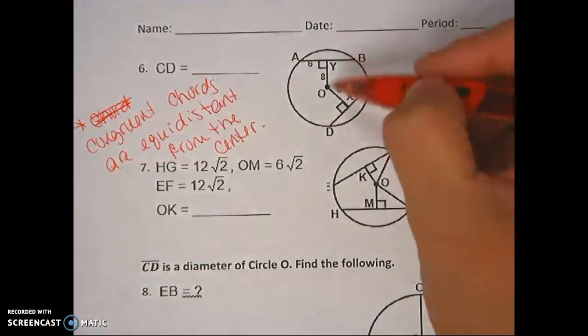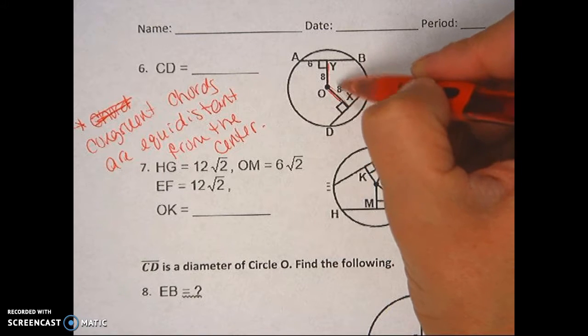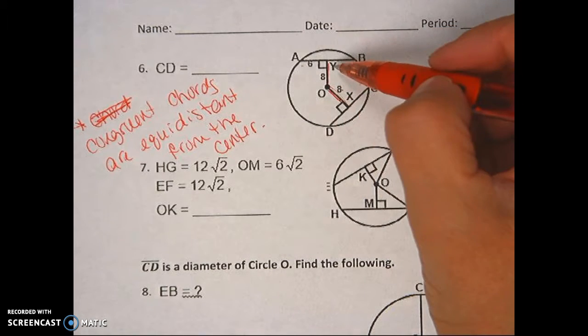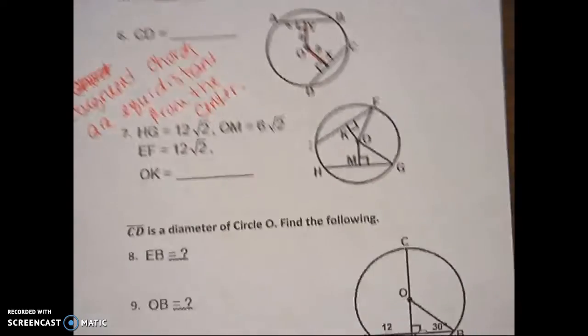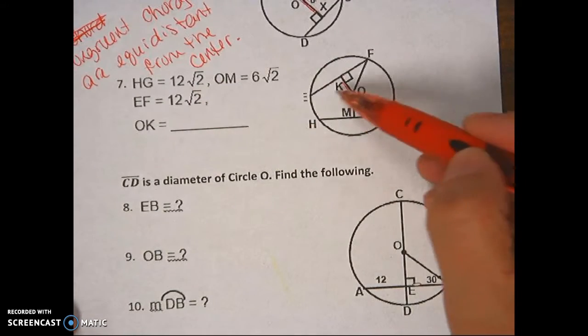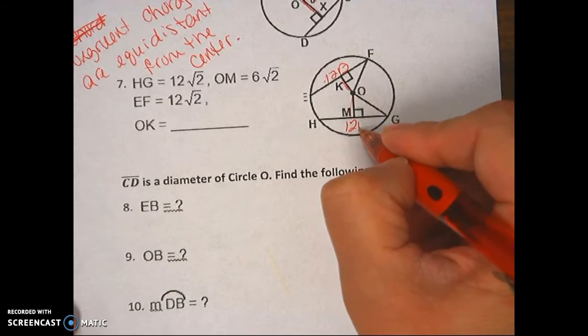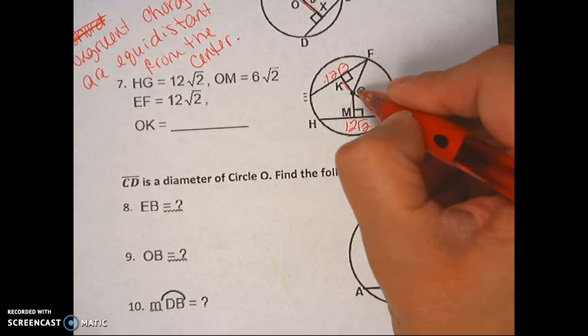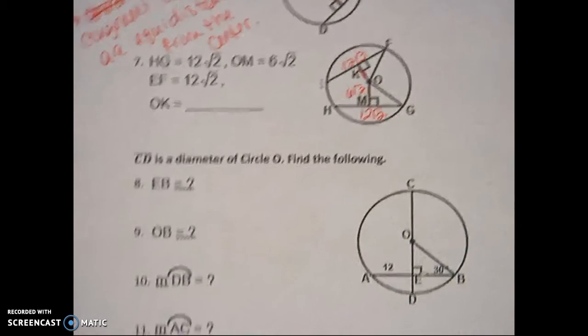So these two chords will be congruent because they're both equidistant from the center, that 8, and also it's bisected because it's a right angle, so you could use that to find CD. These two pieces are congruent as well. Label the pieces. You know that this is 12 square root of 2, and this one is 12 square root of 2, and then you had OM was 6 square root of 2, which would make OK the same measurement.